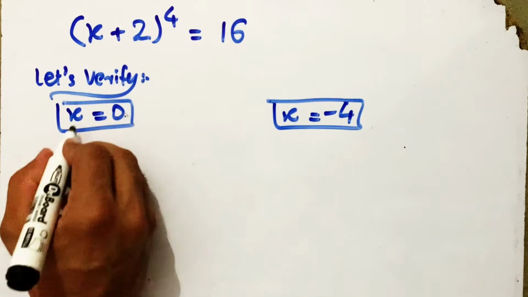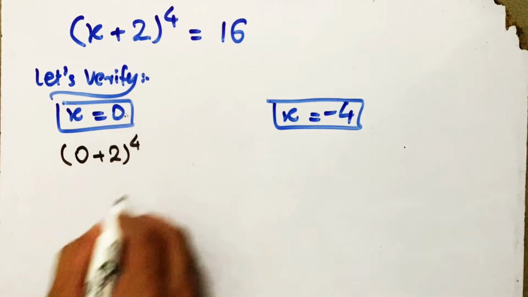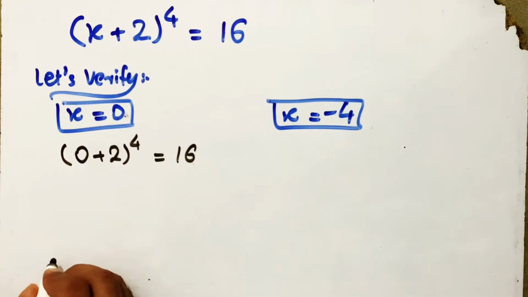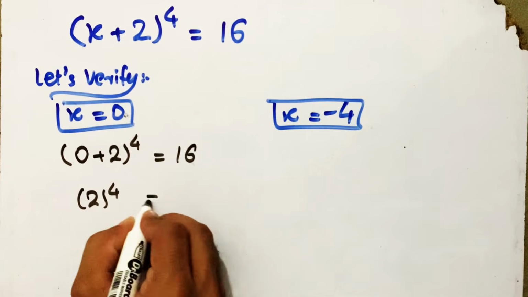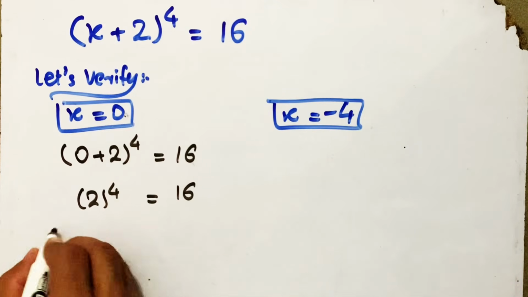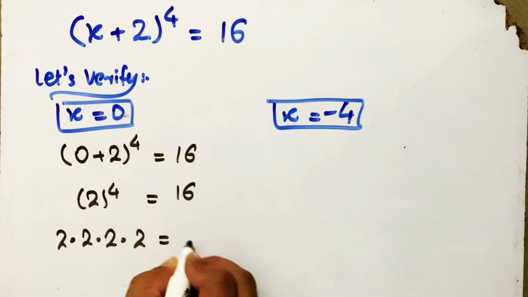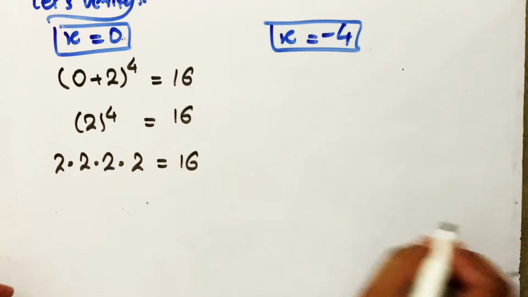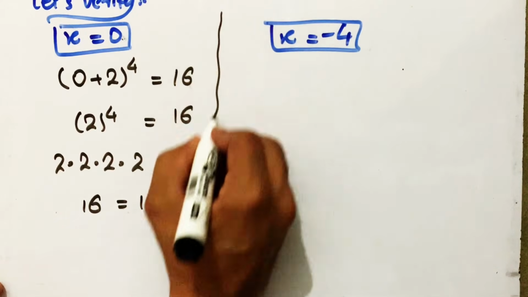The equation becomes (0 + 2)^4 = 16. So 0 plus 2 is 2, and 2 into 2 into 2 into 2 equals 16. So 16 equals 16.